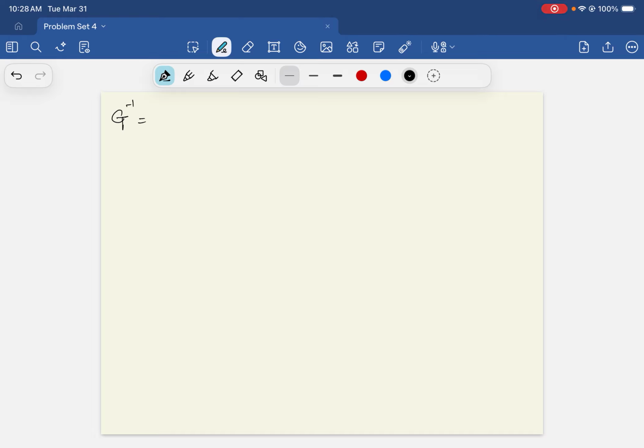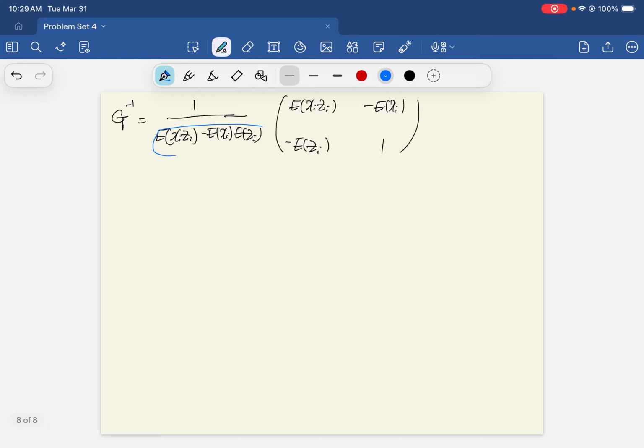G inverse is 1 over the determinant, expectation x_i z_i minus expectation x_i expectation z_i, times the matrix with expectation x_i z_i, minus expectation x_i, minus expectation z_i, and 1. This is G. By the way, here, again, the determinant is covariance.